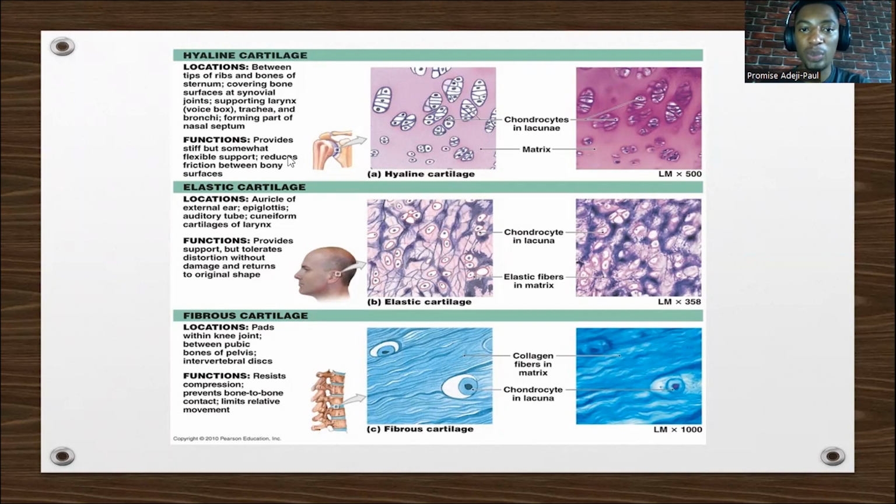On this right hand side, you can see the picture of hyaline cartilage, here you can see elastic cartilage, and here you can see fibrocartilage. So I want you to stay with this slide and understand, because they give a lot of locations and functions of the cartilage. Please try as much as possible, before you leave, to get everything here in your head.